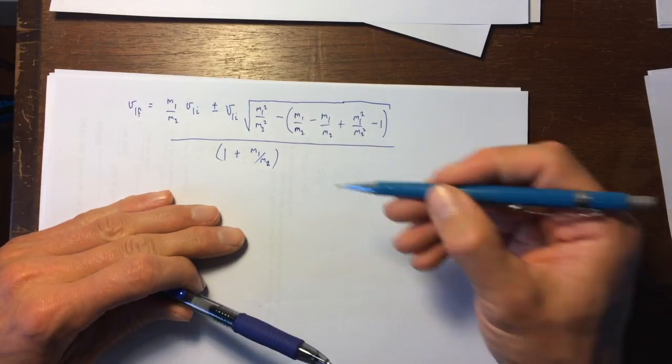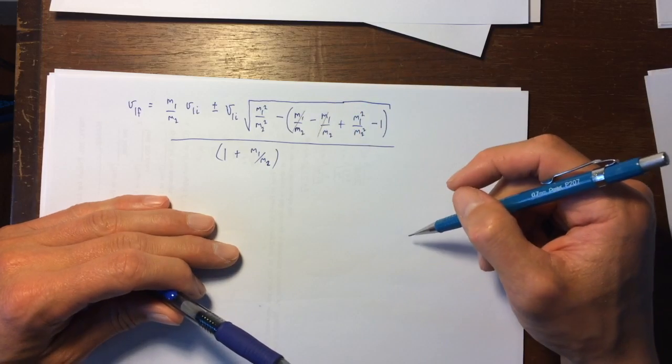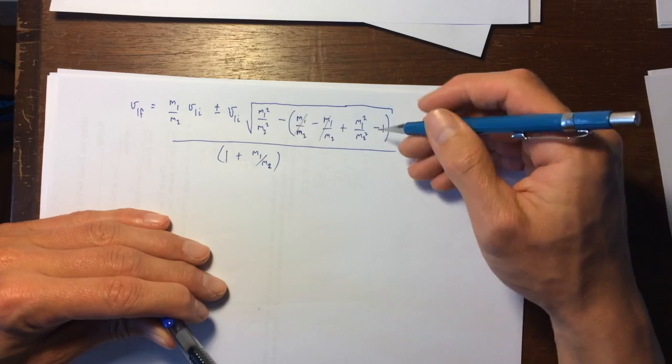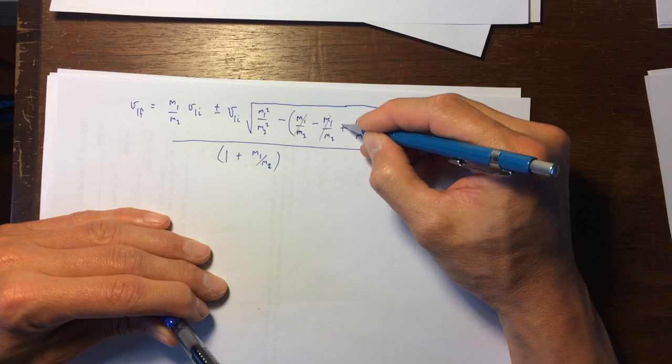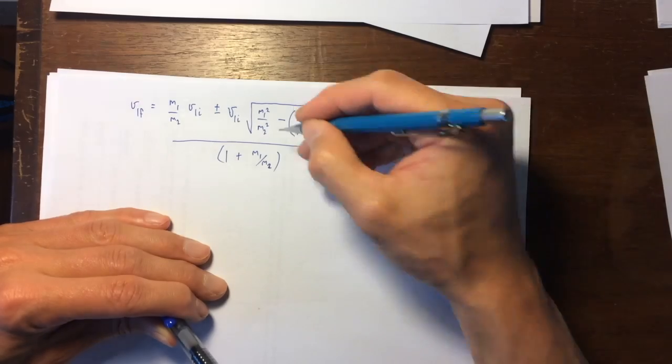Inside here you can see with the pencil, I've got some things that readily cancel each other away. And I've got this minus sign. We'll change this minus sign to a plus, and this plus sign to a minus.